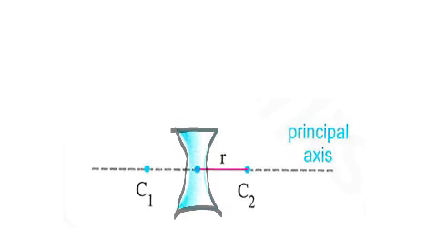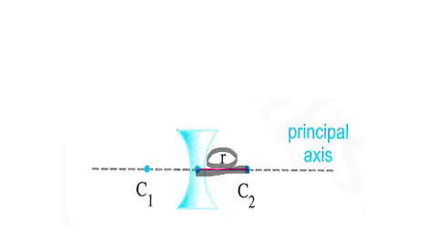As you know, any lens is surrounded by two spherical faces, one spherical face and another spherical face. Each one of them is a part of a sphere. The radius of this sphere, I mean this line, is called the radius, and for sure it takes letter R.